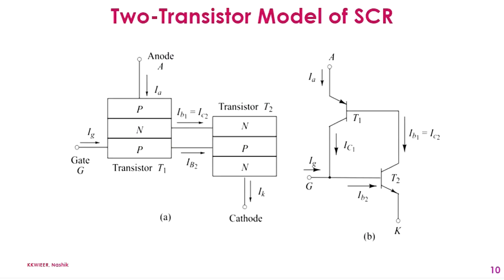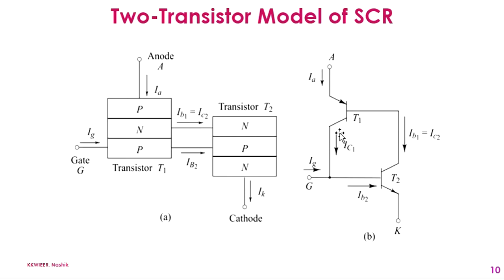Now let's move towards the next topic, that is the two transistor model of SCR. In this you can see the SCR can be considered as NPN and PNP transistors, where the collector of one transistor is connected to the base of the other and vice versa.